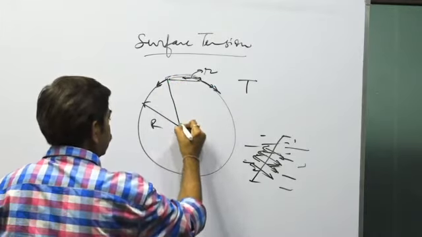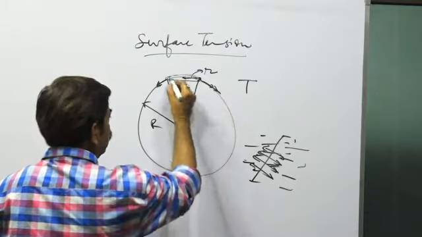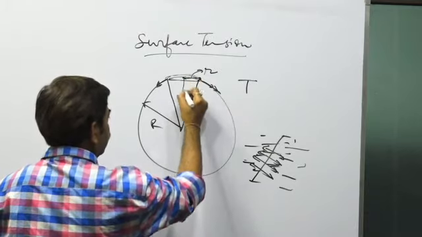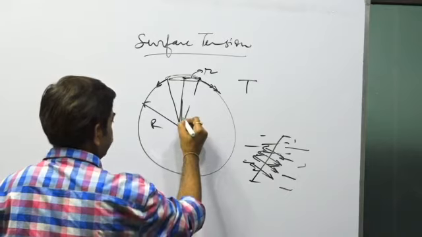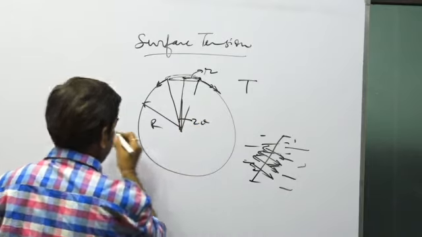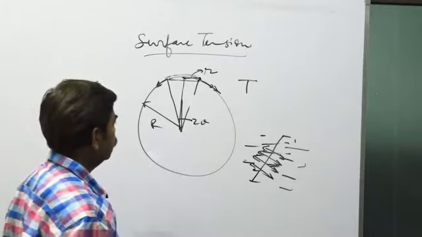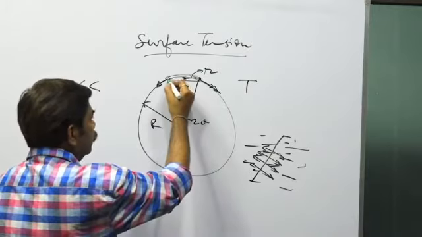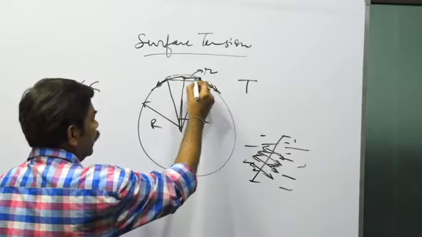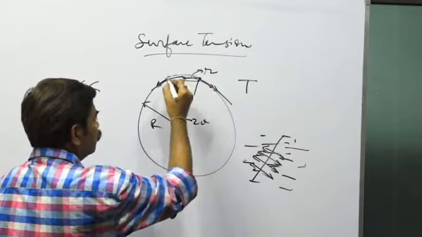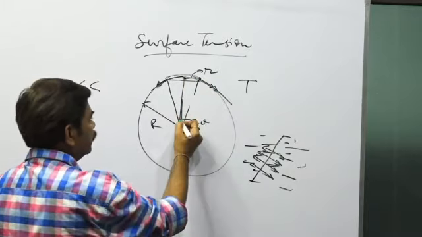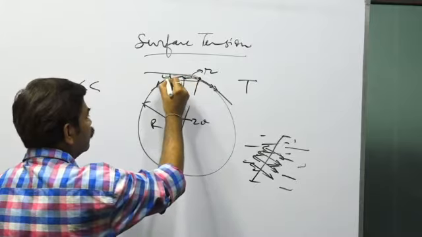And this diameter of the circle, 2r, subtends an angle 2 theta at the center. This theta is very, very small. So see, T on this side and T on this side. If this angle is theta, this angle is also theta.